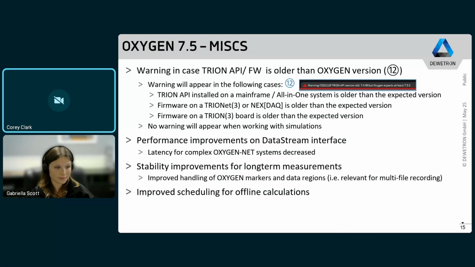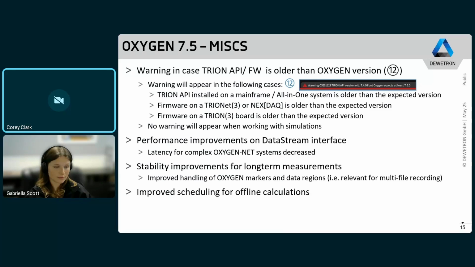For stability improvements for long-term measurements, oftentimes, depending on trigger settings and the setup for the measurement, there may be a ton of markers generated within a measurement, and this could put a load on the system, especially when talking about long-term recordings, like multi-file recordings too.